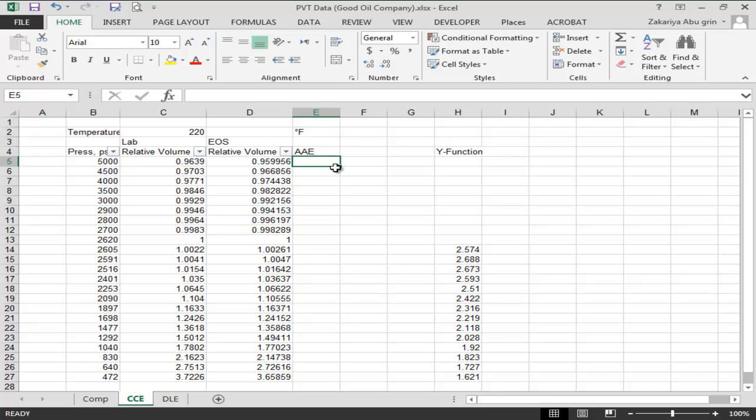So here is how we can calculate the average absolute error, and I will try to do it now. The first thing you need to do is subtract the measured data from the calculated data and divide by the measured data. And when you subtract, you need to take that as an absolute value to ignore the sign.